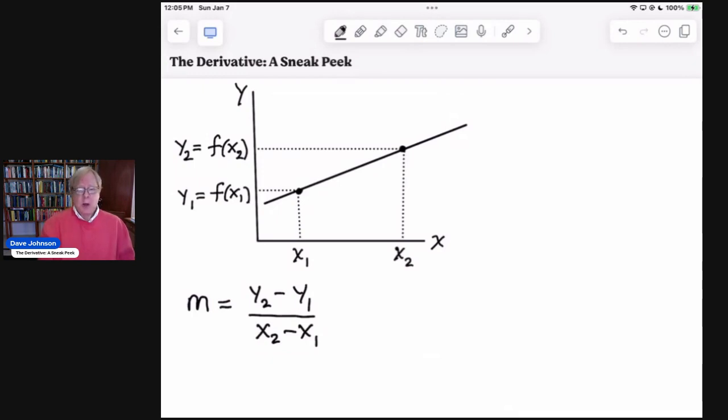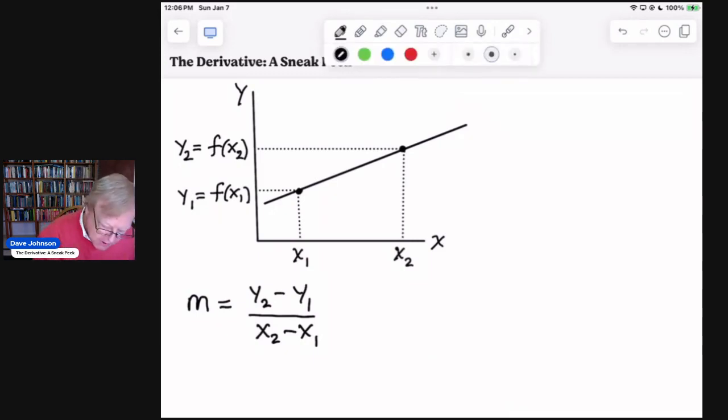It's the slope of a line. You've been doing this since high school algebra or college algebra. But I want to suggest the possibility that not every relationship, every mathematical function, is a straight line. In fact, the interesting functions don't tend to be straight lines; they tend to be curves.